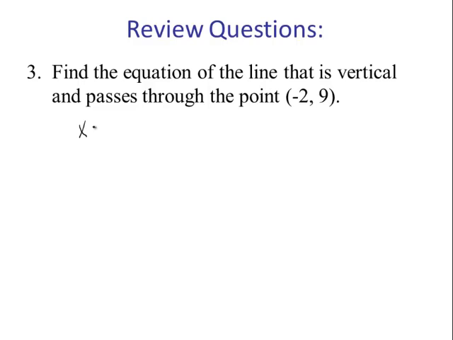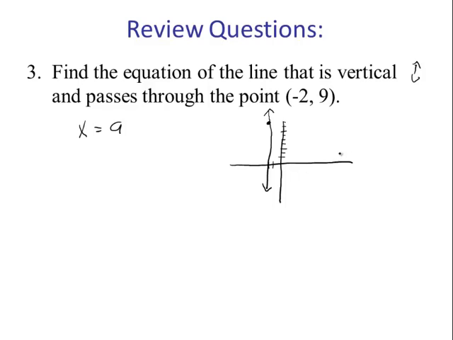We know that has the form x equals a, and if we were to draw a graph just to visualize what's going on, we know the line is vertical, so we know the line is going to go up and down. It is going through the point negative 2, 9. So it looks something like this, and it is vertical, so it's doing this.